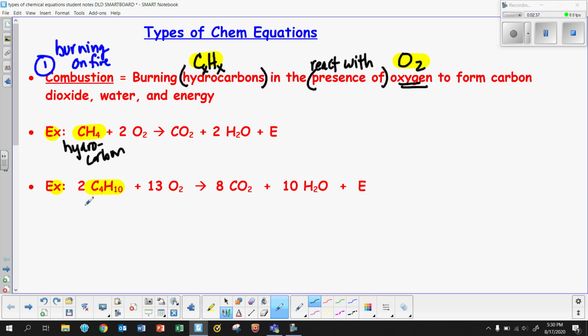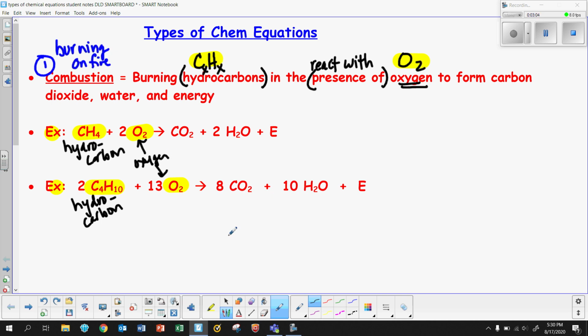Yes, the carbon is first, so you would think the name of the compound would start with carbon, but it doesn't. It's a hydrocarbon. So in both of these examples, you see the hydrocarbon reacting with the oxygen because fire needs oxygen to burn. Without oxygen, fire will burn out. So a hydrocarbon has to react with oxygen, and we see oxygen in both of those.